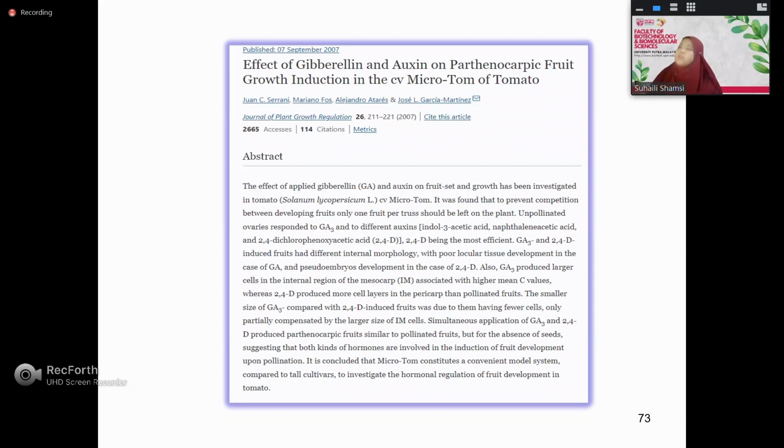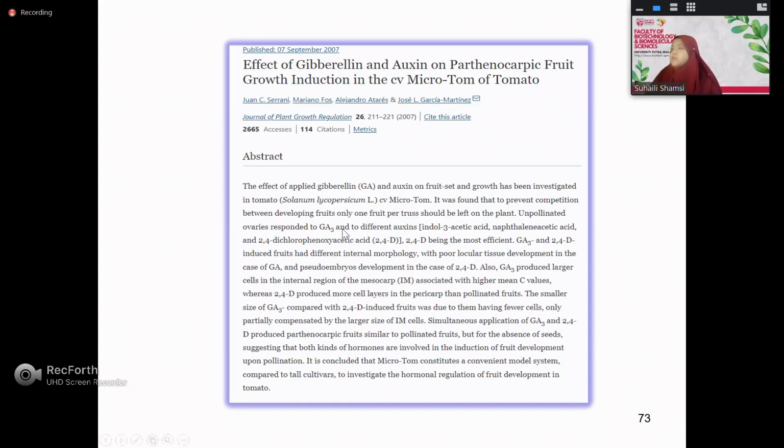So the effect of applied gibberellin and auxin on fruit set and growth has been investigated in tomato, cv. Micro-Tom. It was found that to prevent competition between developing fruits, only one fruit per truss should be left on the plant. So they have a tomato plant, and they leave only one fruit for each plant, and they observe the effects when applying exogenous gibberellic acid and auxin.